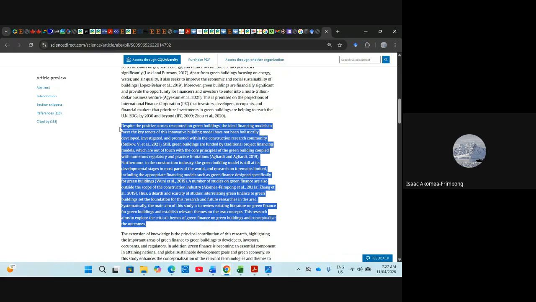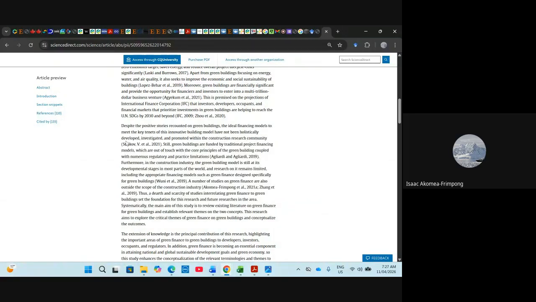In fact, when you read, you get to know all these things. Then I stated a problem statement. Then I ended by saying that therefore, or thus, a dearth and scarcity of studies interrelating green finance to green buildings set a foundation for this research and further researches in the area.